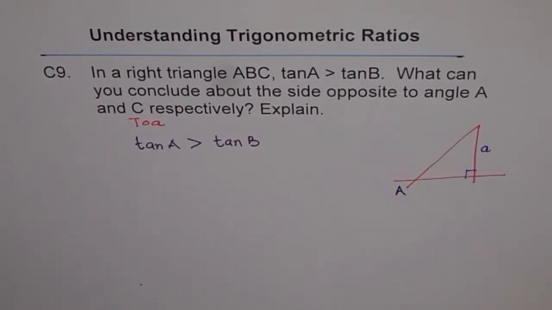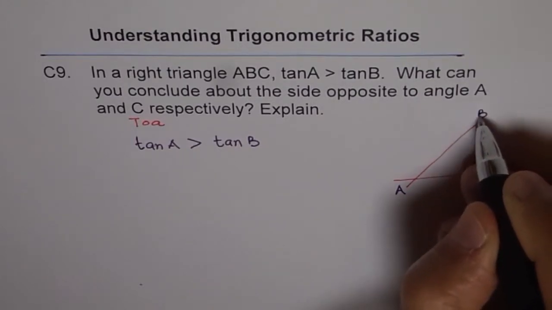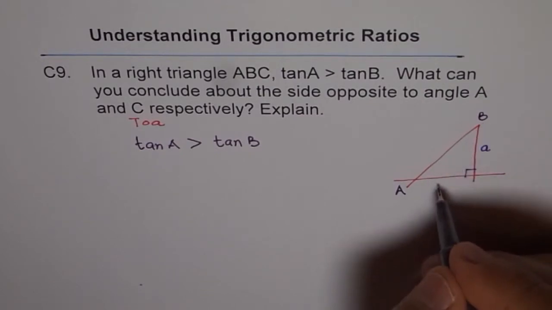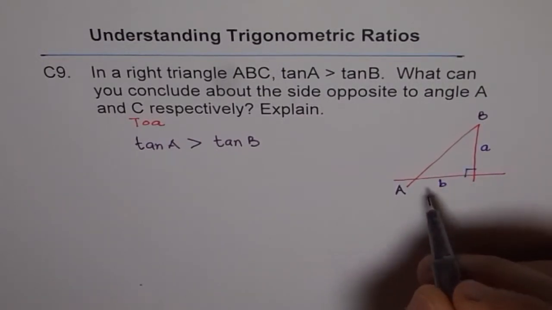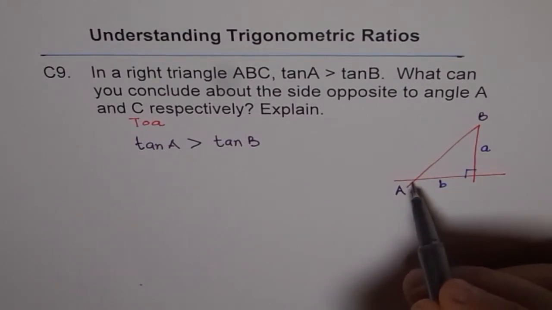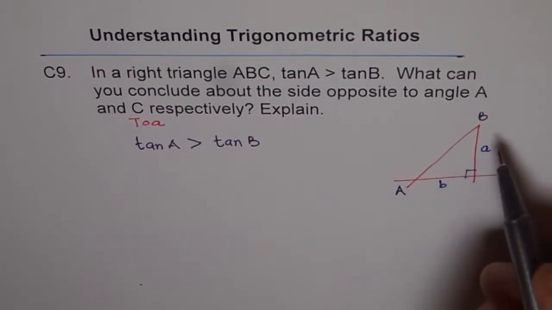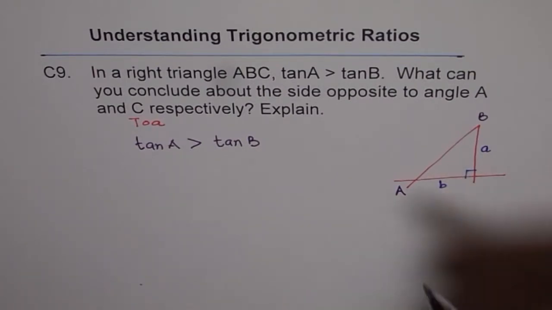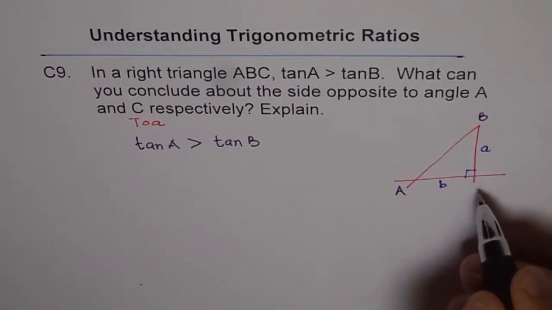If I write B here, then the side opposite to B will be named as small b. So the length of the side opposite to A is a, and the length of the side opposite to B is b. So that is the way we label our triangles, right?